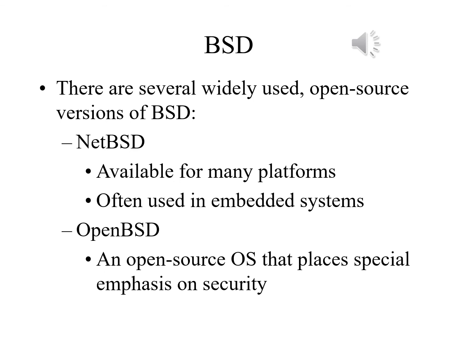NetBSD is available for many platforms, including large-scale server systems, desktop systems, and handheld devices, and is often used in embedded systems. OpenBSD is an open-source operating system that places special emphasis on security.